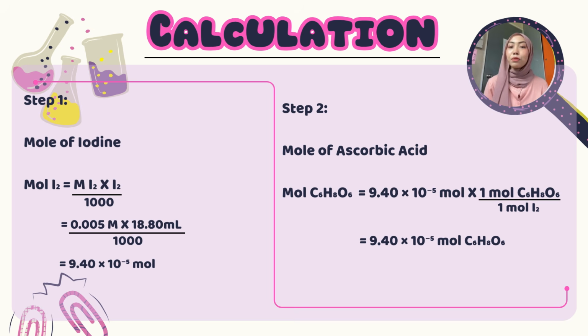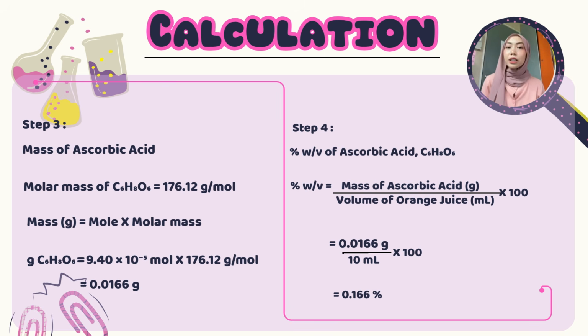Because the reaction follows a 1:1 mole ratio, the number of moles of ascorbic acid is also 9.40 times 10 to the power of negative 5 moles. Next, the mass of ascorbic acid was calculated by multiplying the number of moles by the molar mass of ascorbic acid, which is 176.12 grams per mole.